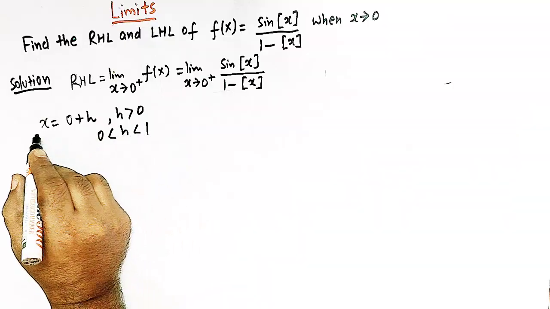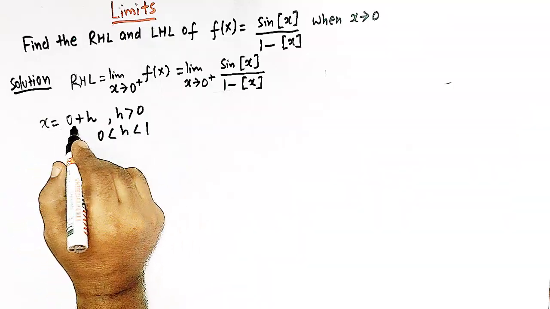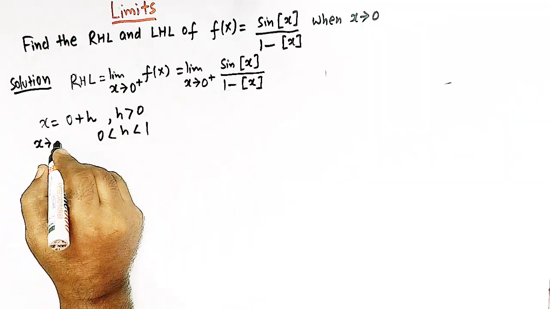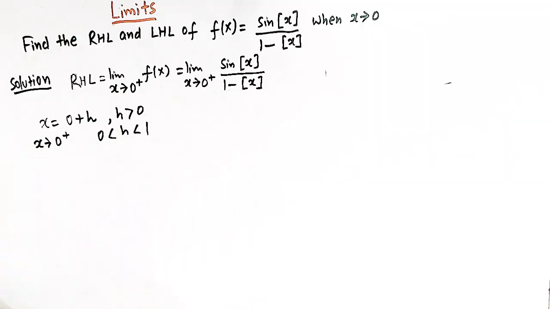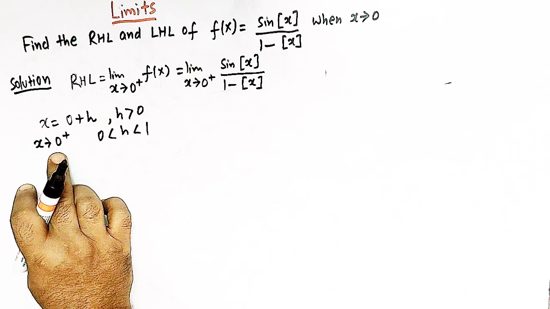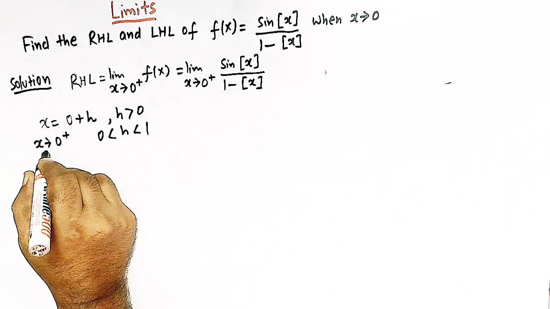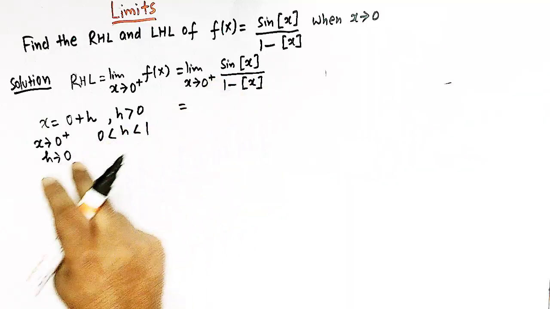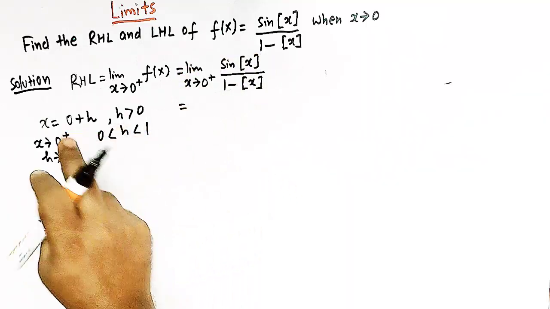When x approaches 0 from the right, h also tends to 0.